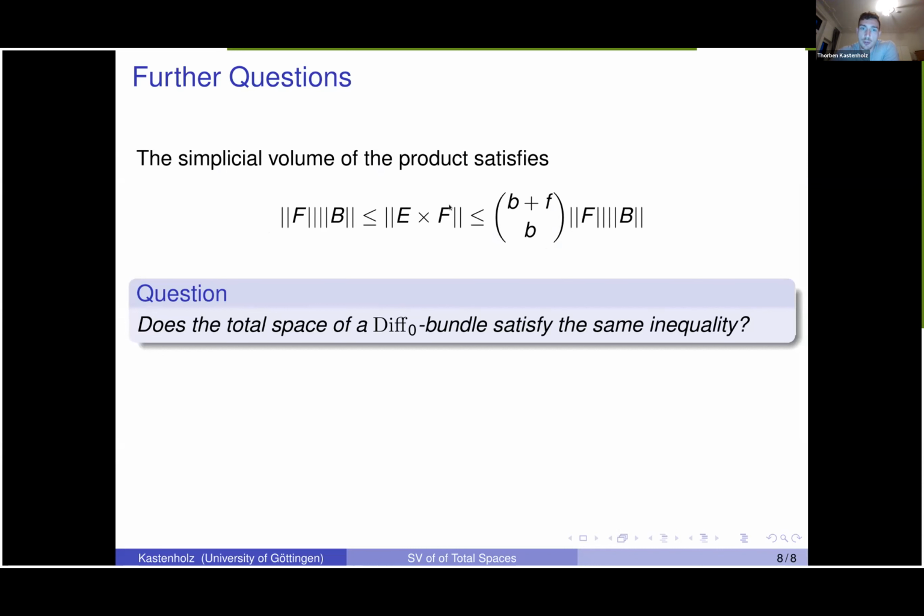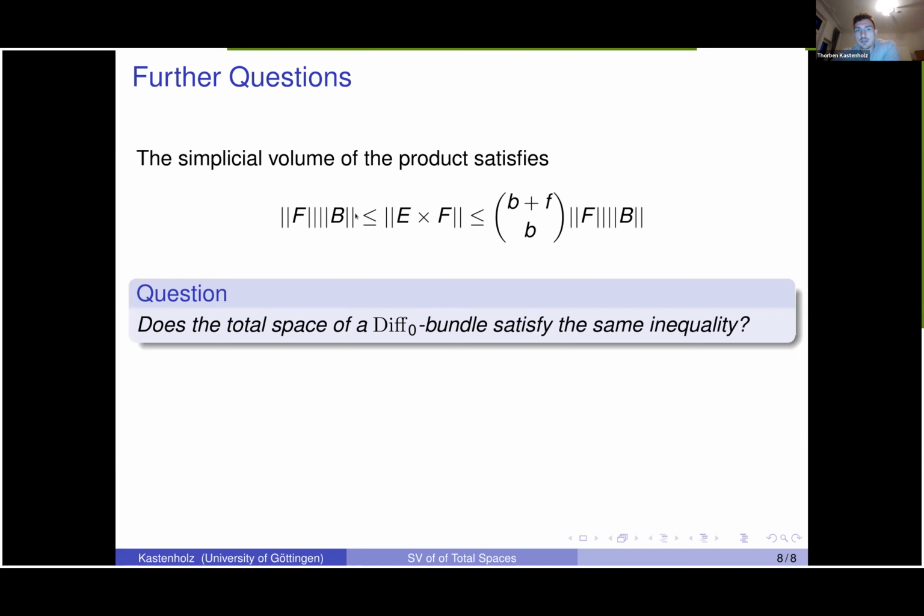And the simplicial volume of the product always lies in between those. But here, this binomial coefficient just stems from the fact that whenever I take the product of two simplices and triangulate this, then I get this many simplices. So now one can ask the question, does the total space of a Diff0 bundle, so a bundle with structure group Diff0, actually satisfy the same inequality?